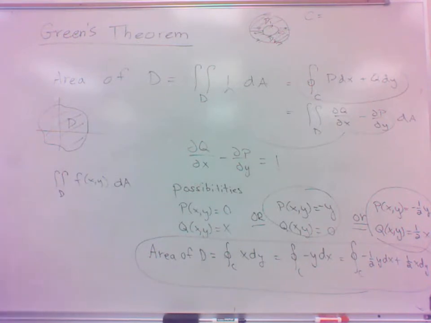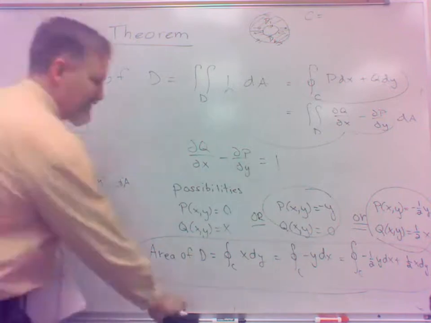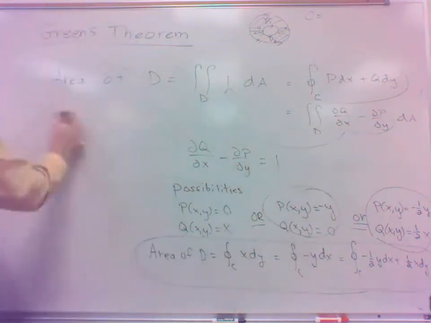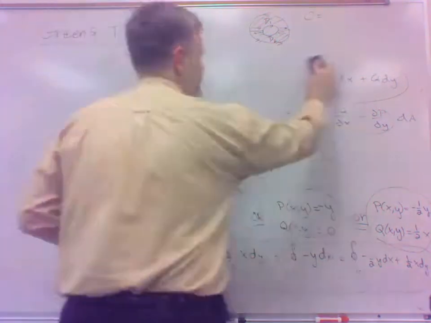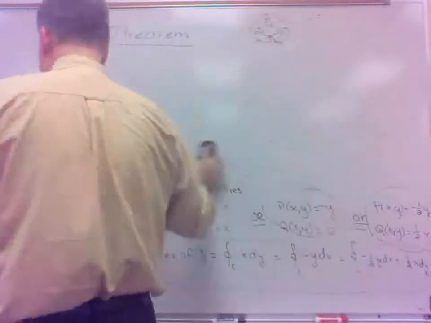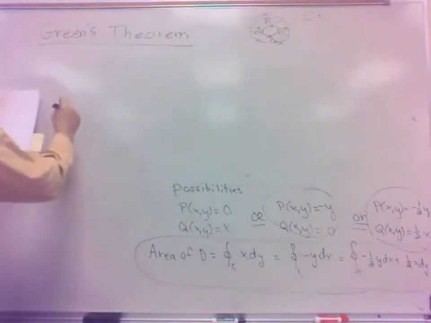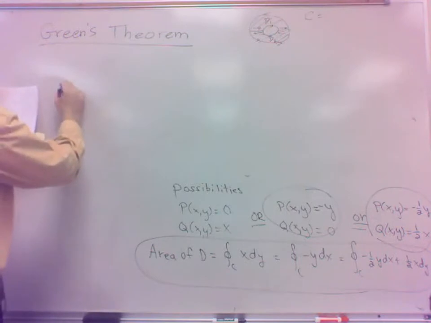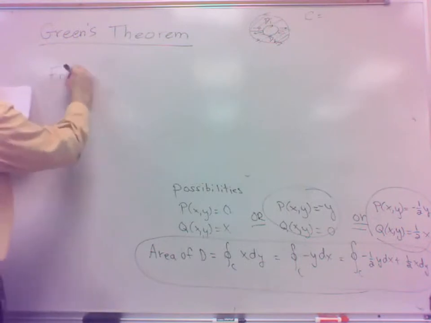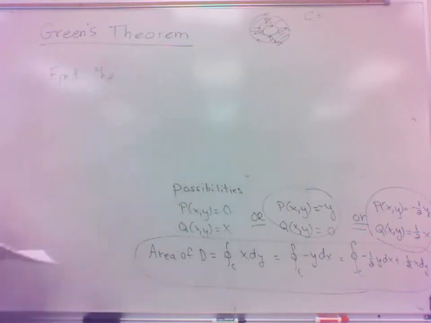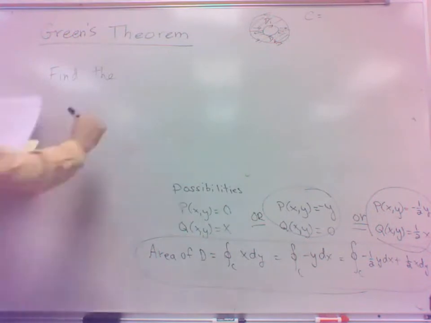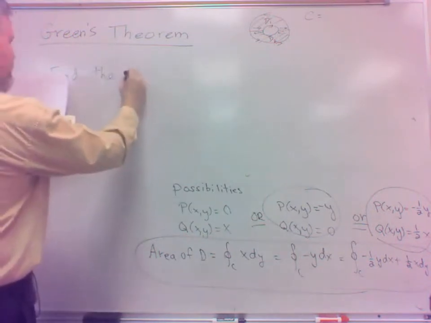All right, well, here's the payoff. Here's what we can do. We've done this, I think we did this back in Calc 1. I think it was on a quiz. Maybe not.